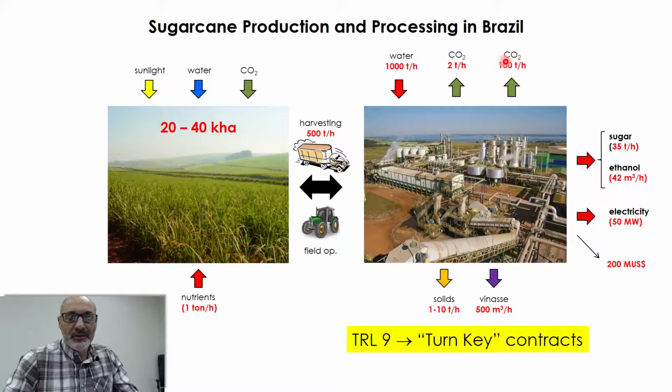Because this carbon here and this one here actually was in the atmosphere and was captured by the photosynthetic reaction of these leaves, okay? So this CO2 is going back to the atmosphere, but it was captured by photosynthesis, okay?